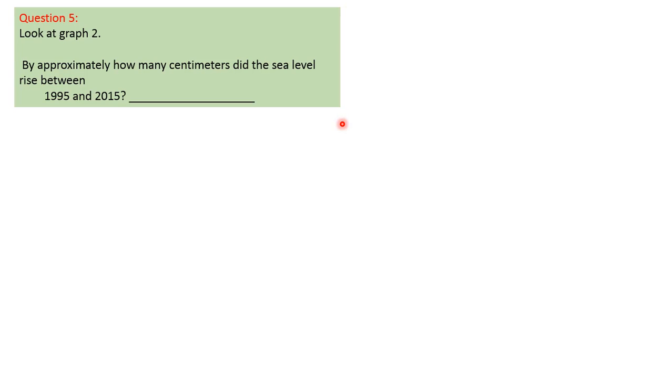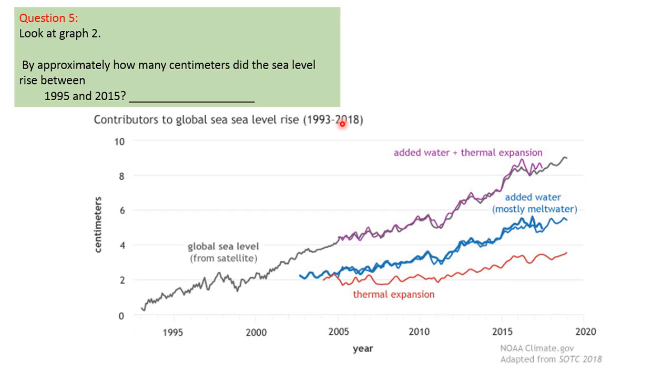Question 5, look at graph 2. So here's graph 2. By approximately how many centimeters did the sea level rise between 1925 and 2015? So we have our 1925, which is right here. And it goes to this point, which is over here. And this is in centimeters, so the numbers are slightly different. And we'll go over that in a second.